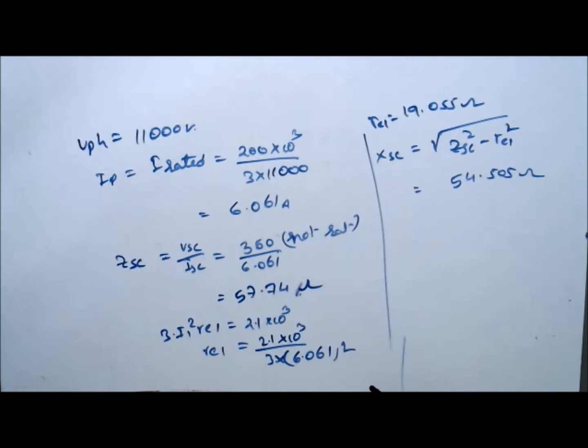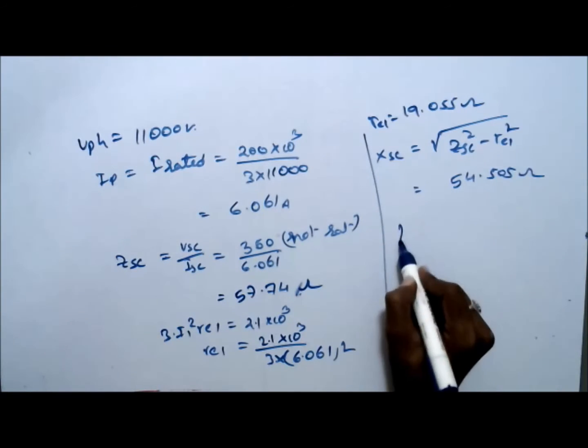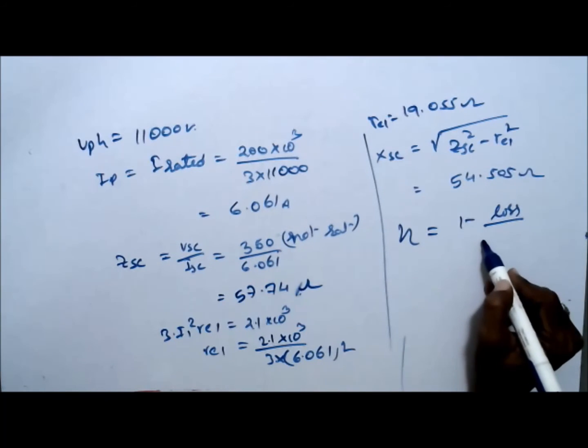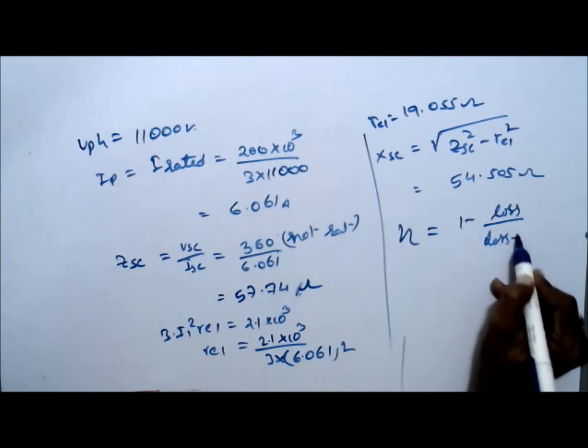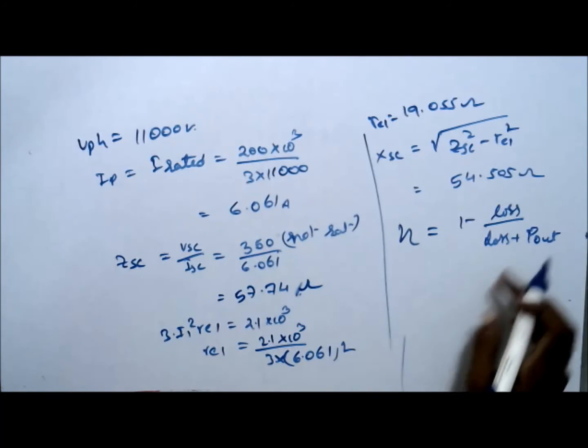Now we have got the equivalent circuit and referred the Rc and Xm also to the HV side, and now we have to find the efficiency at half load and at unity power factor. See here, efficiency eta is equal to 1 minus losses divided by losses plus output power, P out.